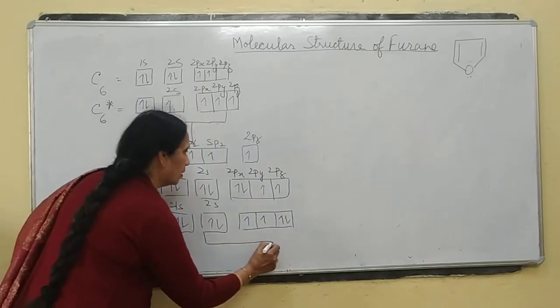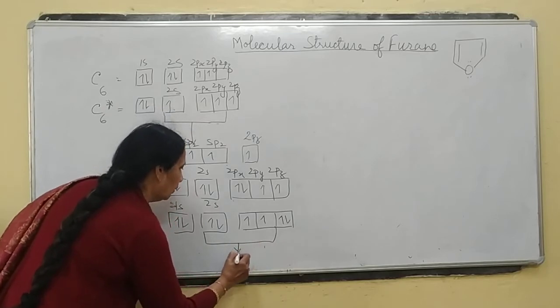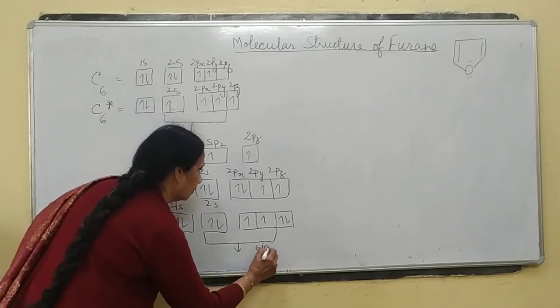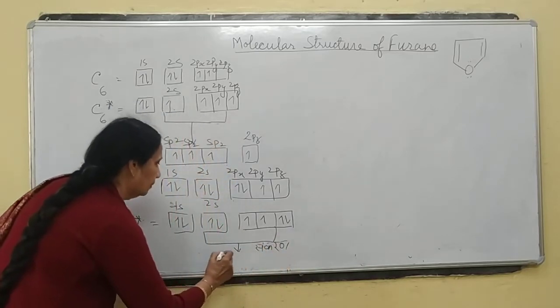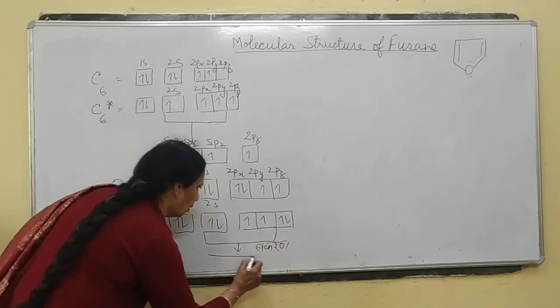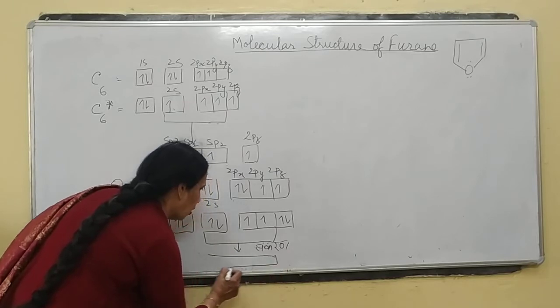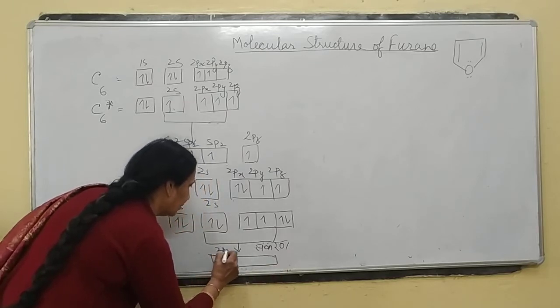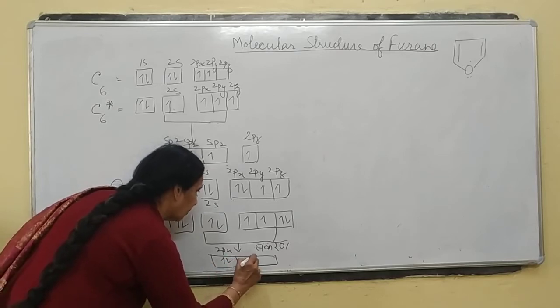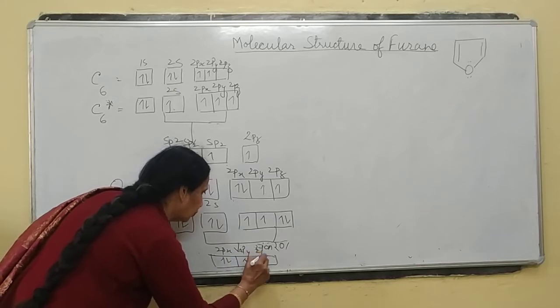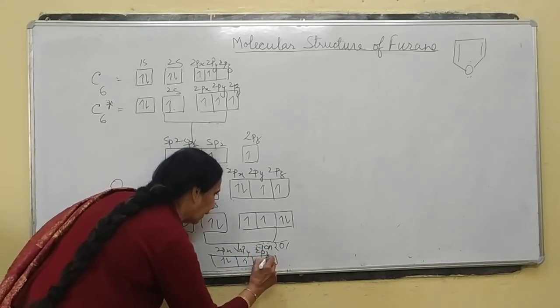These orbitals undergo hybridization. 3 new hybrid orbitals are obtained: 1 2px orbital having 2 electrons, 2py having 1 electron and 2pz having 1 electron.